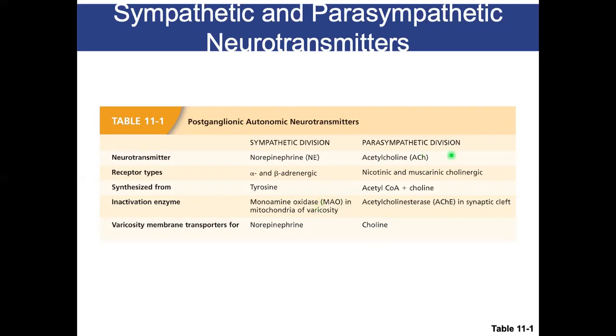For parasympathetic, the neurotransmitter is acetylcholine. Acetylcholine binds to both nicotinic and muscarinic cholinergic receptors. So here's a spelling for those. Nicotinic is named nicotinic because it binds nicotine. Muscarinic is named muscarinic because it binds muscarine, which is a toxin.